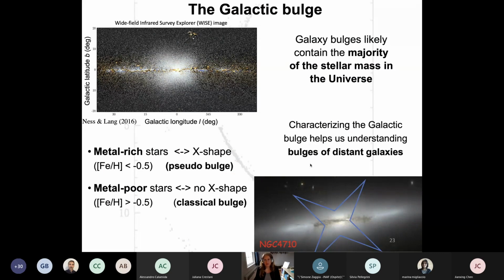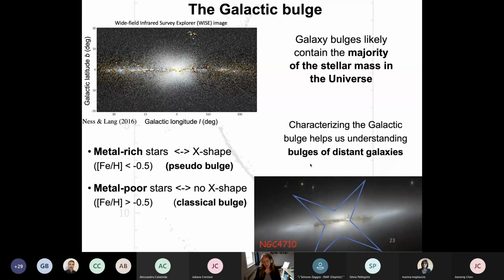And the galaxy bulges are present in most galaxies, and they contain the majority of the stellar mass of the universe. So the Milky Way bulge is the closest one that we can observe, and we can actually resolve the stars and study the stellar population here in very good detail, spectroscopically and photometrically.